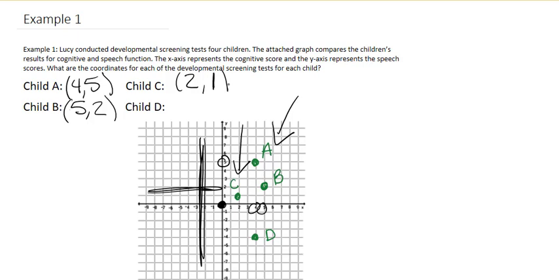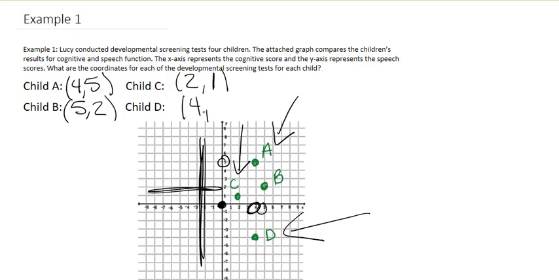Now, child D, which is on its own, a little below the x-axis, as we can see, when we move over from the origin over to D, it's 4 spots. So we would write the 4 for the x.